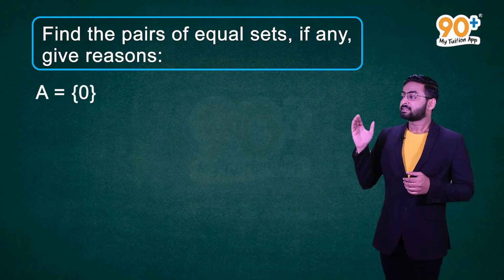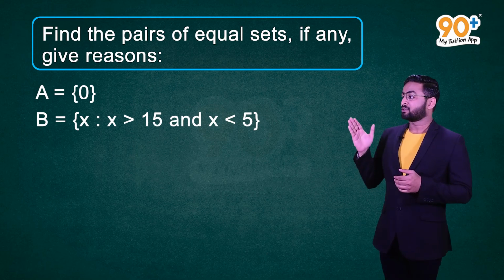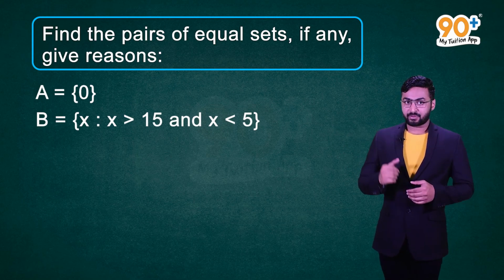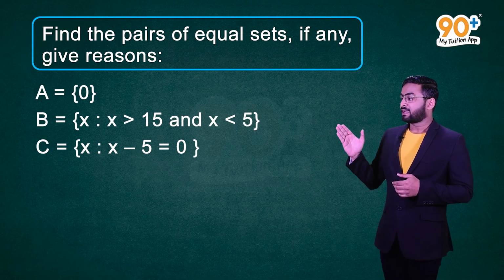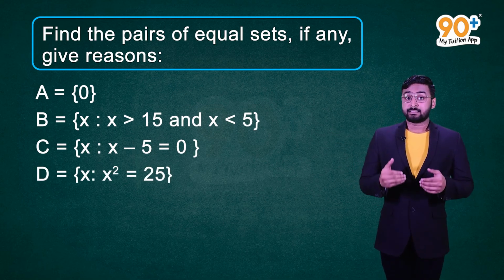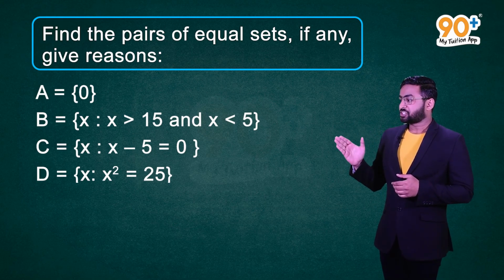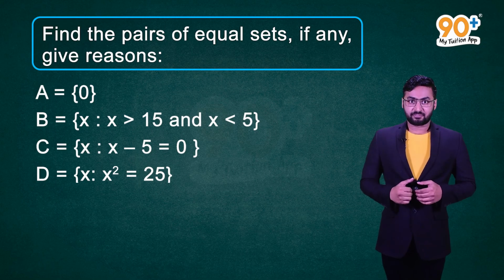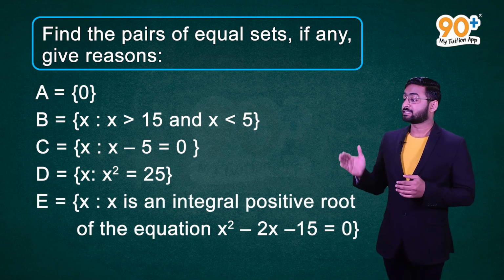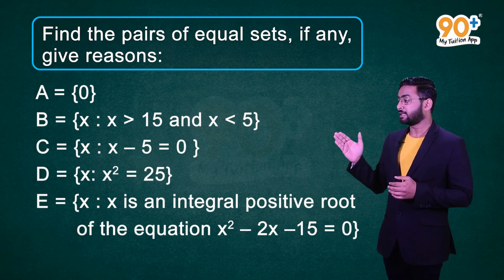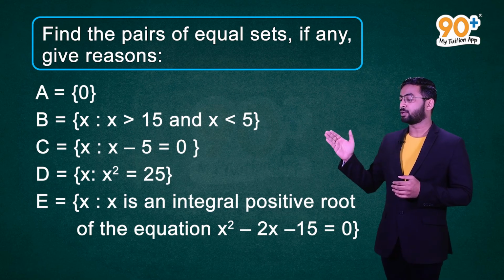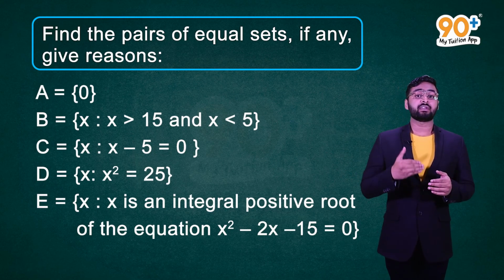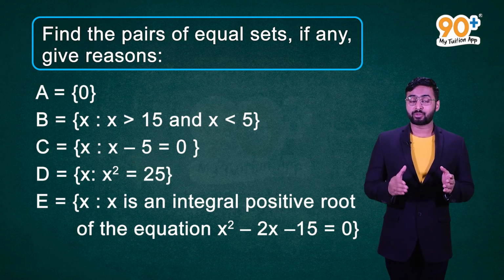A equal to set 0, B equal to set of all x such that x greater than 15 and x less than 5, C equal to set of all x such that x minus 5 equal to 0, D equal to set of all x such that x square is equal to 25, and E is equal to set of all x such that x is an integral positive root of the equation x square minus 2x minus 15 equal to 0.